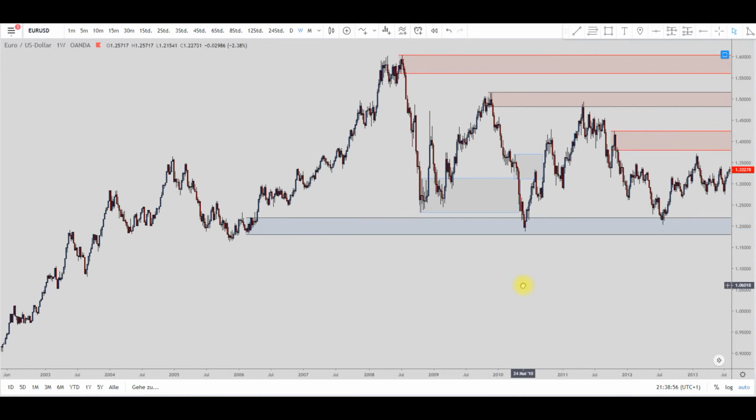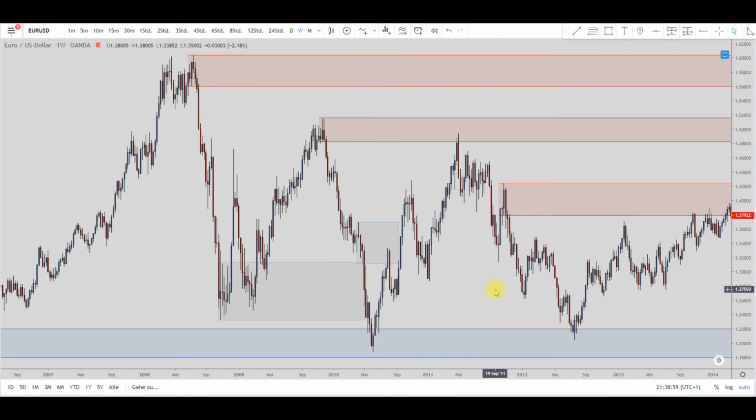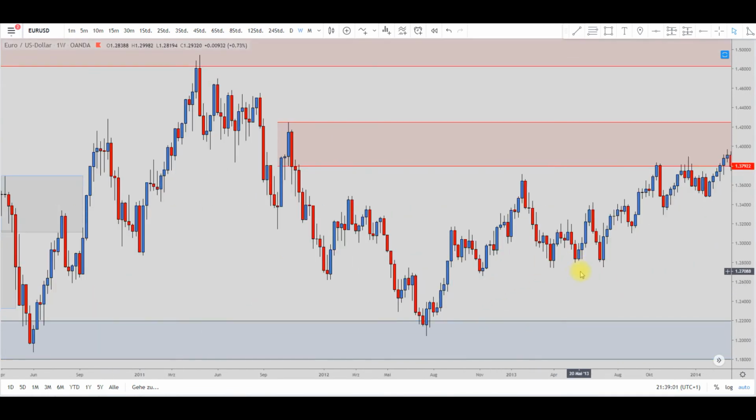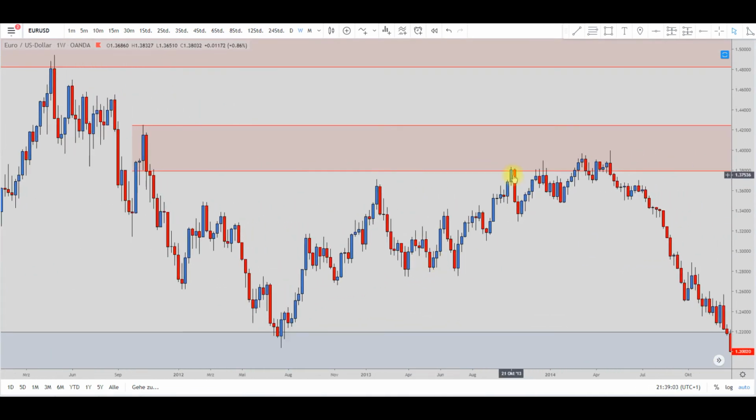All right, so let's continue this one. Tested it 3 times, sold off, went through everything that was demand on the left side.